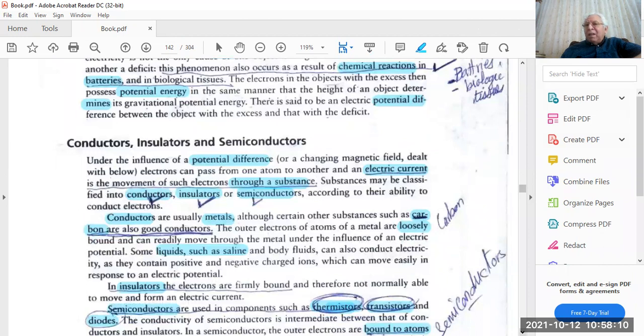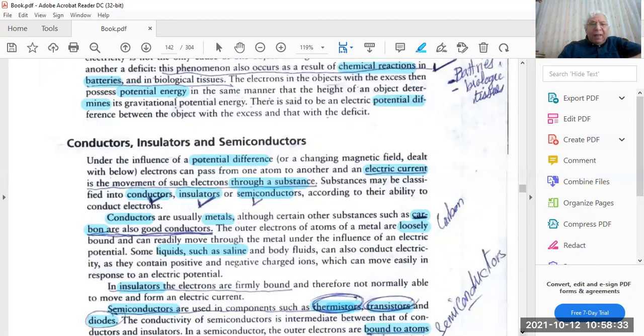Substances are classified according to their conduction of electrons into insulators, semi-insulators and conductors. The difference is the easiness of how they transfer electrons. Carbon is included with metals as conductors.